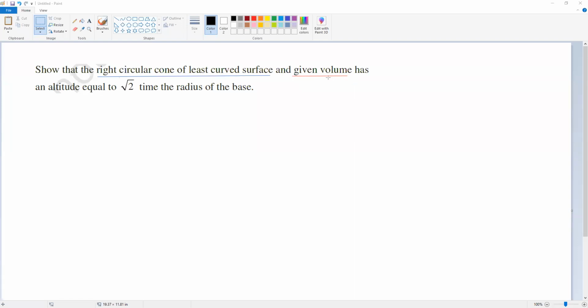हमें ये प्रूफ करना है कि that has an altitude equal to √2 times radius of the base. So एक cone.